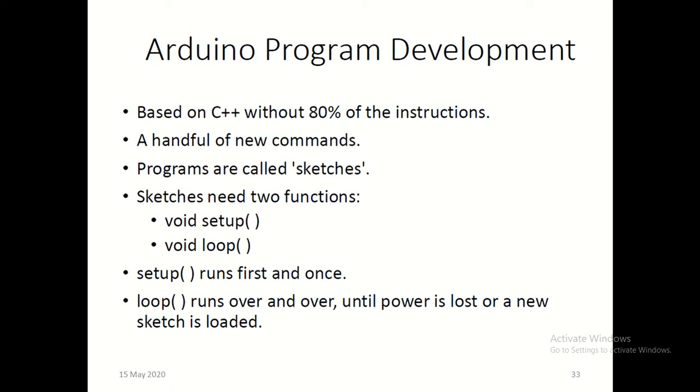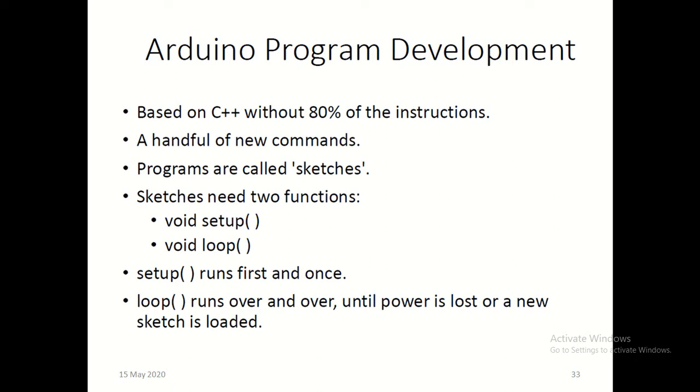Setup is a function that runs only once. So whatever you write in these curly brackets is executed only once, and whatever you write in the loop function is executed an infinite number of times. So now you need to decide which part of the code will go in setup, that is one time executable, and which part of the code goes into loop, which is executed an infinite number of times.